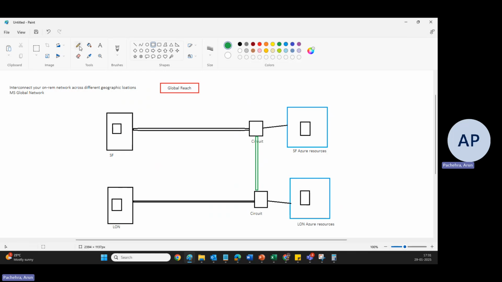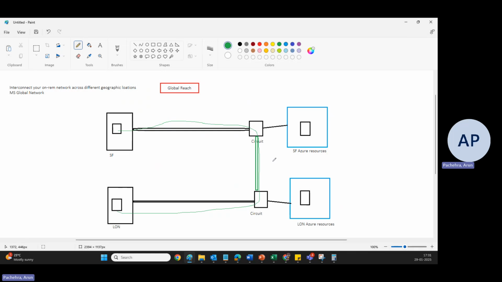Now what will happen? The traffic can go to the London office like this using the MS backbone. The San Francisco office can directly exchange data with the London office through the existing ExpressRoute circuits utilizing the Microsoft Global Network. They are linked, right?